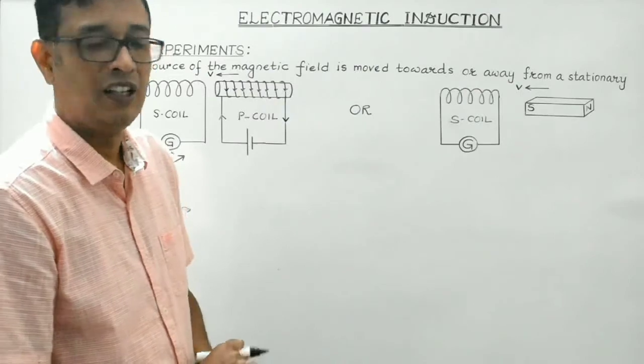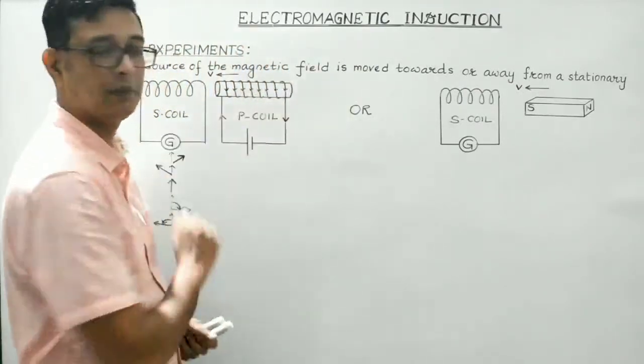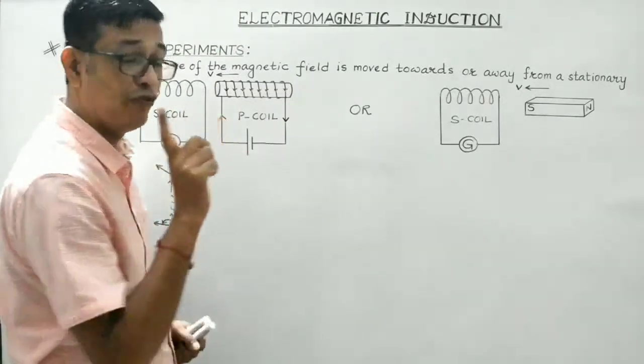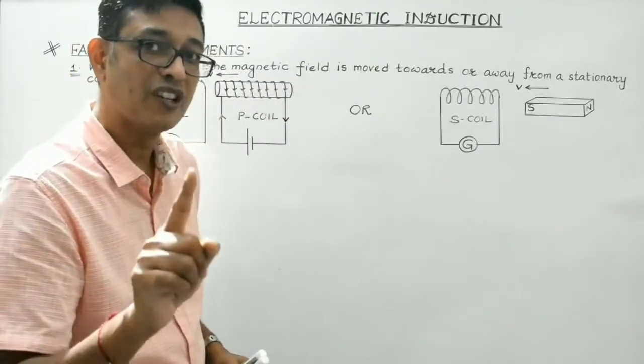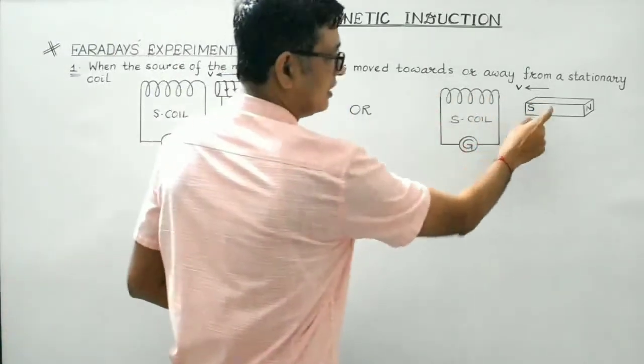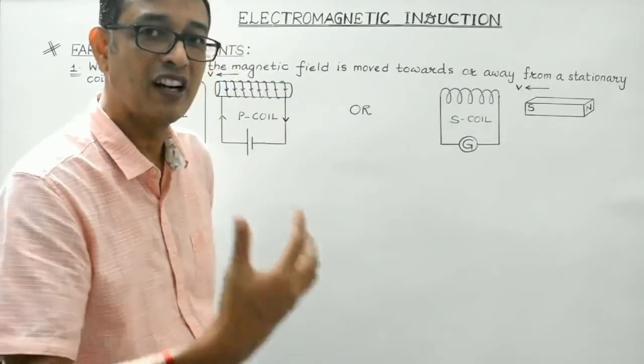Right, students? So again, I will repeat the conclusions from these experiments. First conclusion was, whenever there is a relative motion between the coil and the source of the magnetic field, the galvanometer shows some deflection indicating the production of current.